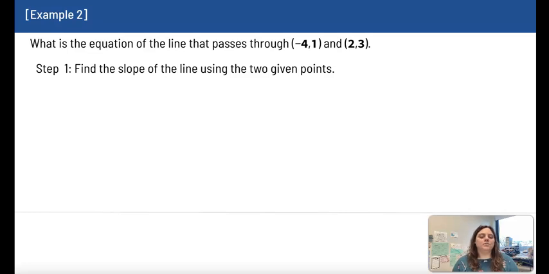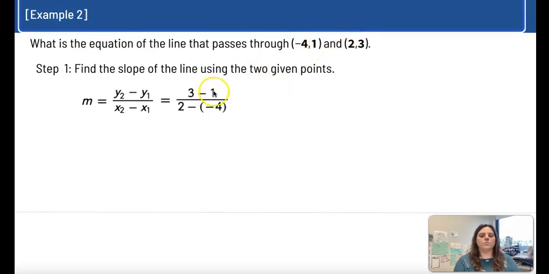In example 2, we want the equation of a line that passes through 2 points, -4, 1, and 2, 3. First, we're not given the slope, so we need to find the slope of the line. We do that by remembering that our slope formula is taking the difference of the y's over the difference of the x's. If I call this point 1 and point 2, I'm going to take y from point 2 minus y from point 1, so 3 minus 1.